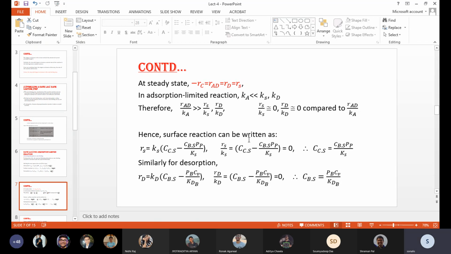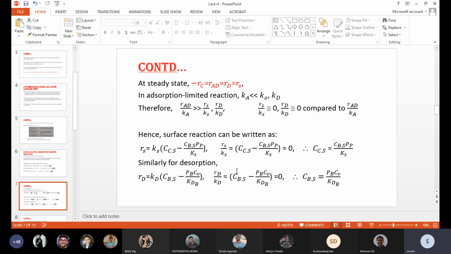Hence, the surface reaction can be written as Rs is equal to Ks times CCS minus CBS CPP by Ks. This equation I have shown in the last slide. So Rs by Ks, which is almost 0, is equal to CCS minus CBS PP by Ks, is equal to 0.